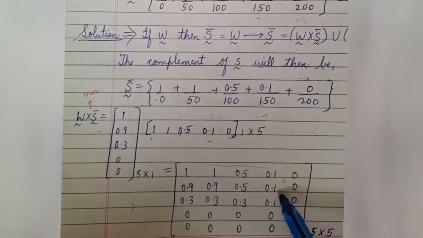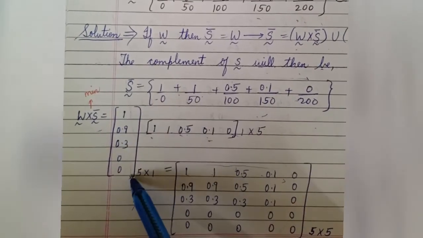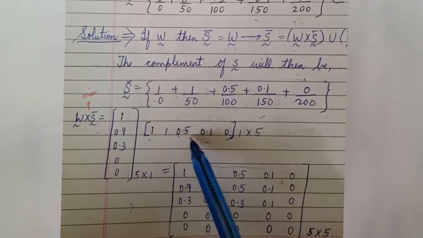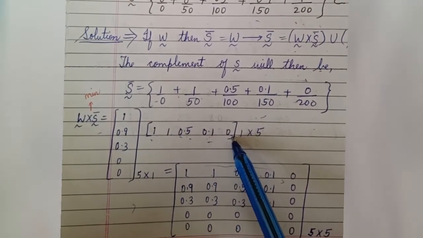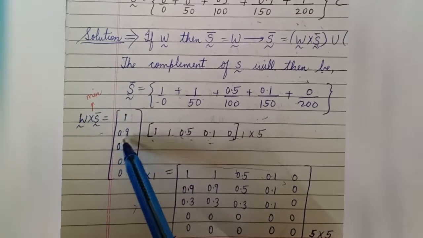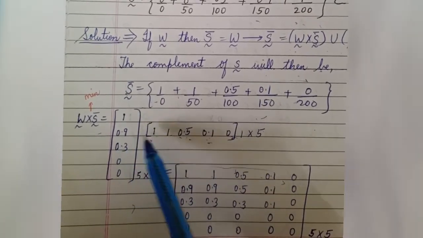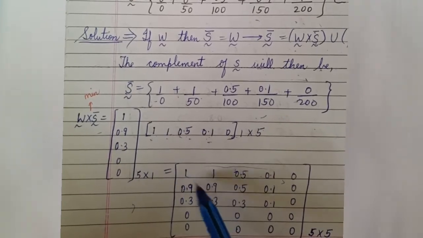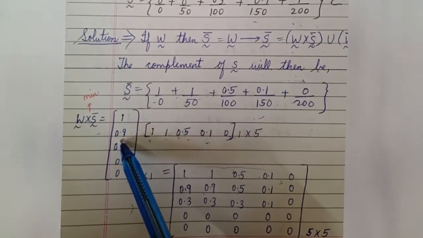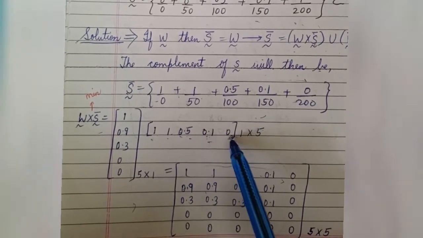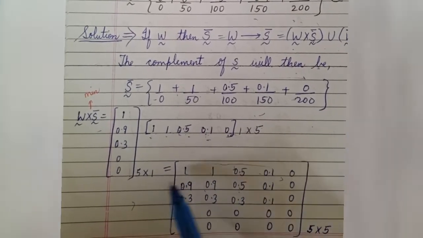For the second row, consider the second element of this matrix, 0.9, and compare it with each element of the other matrix and select the minimum. 0.9 and 1, minimum is 0.9. 0.9 and 1, minimum is 0.9. 0.9 compared with these three elements, the minimum will be 0.5, 0.1 and 0. Write it over here. So this is the second row.